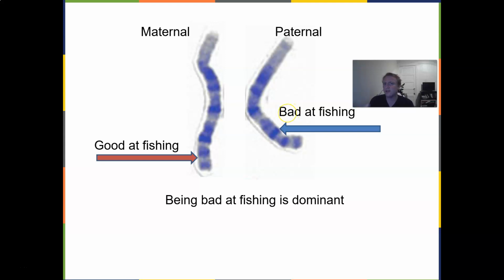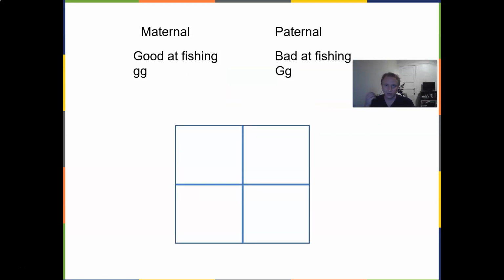Okay, now let's talk about how this sort of scenario came to be where my parents had me. We do that using a Punnett square, and here are my parents' genotypes for fishing. So my mom has two recessive alleles. These are represented as lowercase letters.